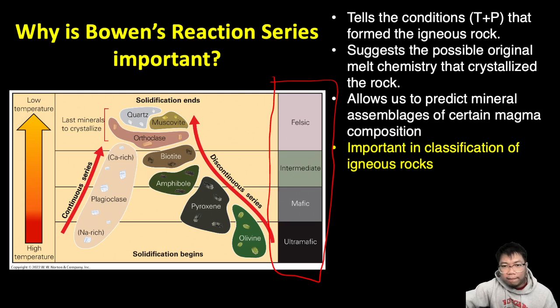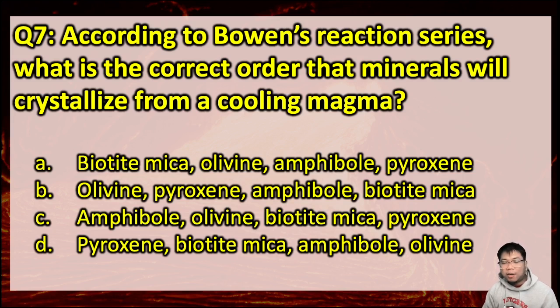That means that by understanding the mineral assemblage, we can understand the composition of the melt that these particular rocks formed from. The third one, it also allows us to predict the mineral assemblage of a certain magma composition. And the last one, it is very important because we use this in classifying igneous rocks.